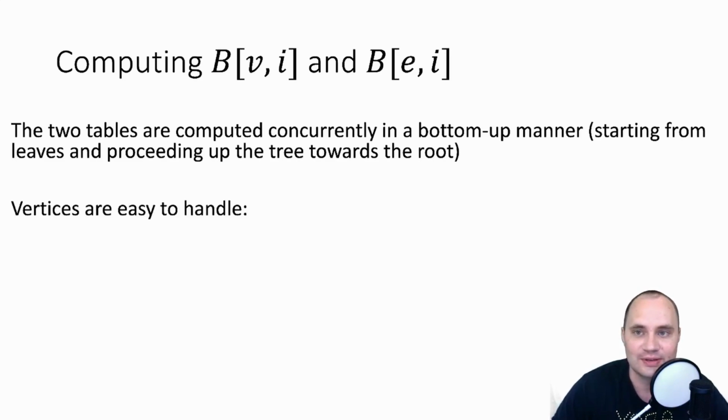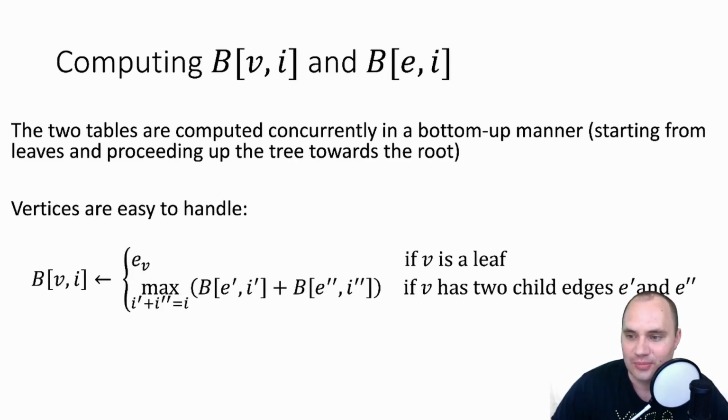And a vertex array is actually easy to handle provided that you have an edge array. In particular, for B_V(I), if V is a leaf, we simply record in it the total energy of all agents present at V for the allowable values of I. And if V is not a leaf, it has two child edges, E' and E''.